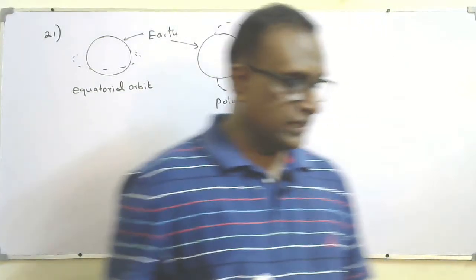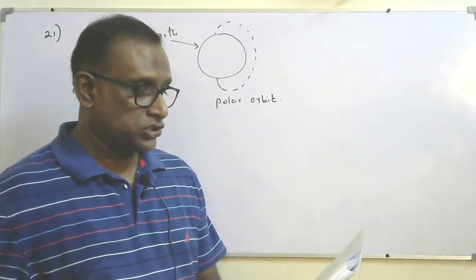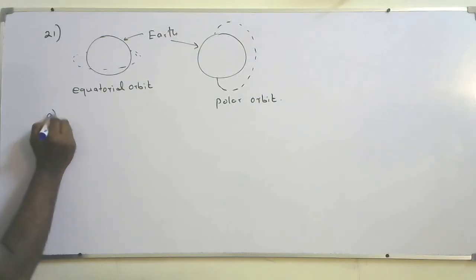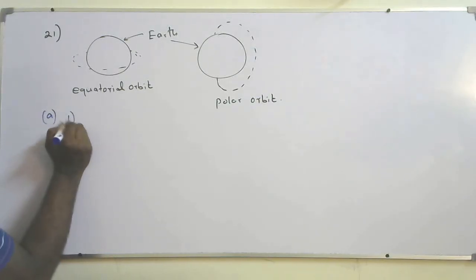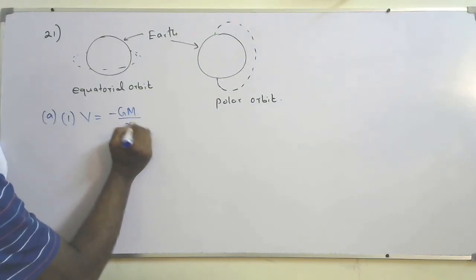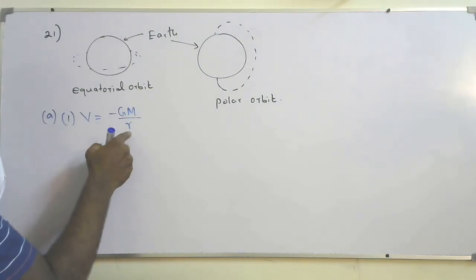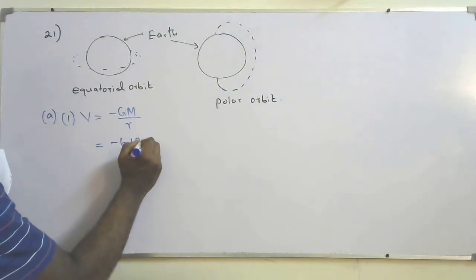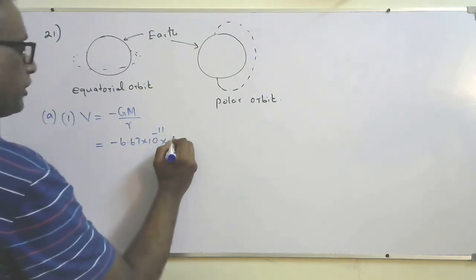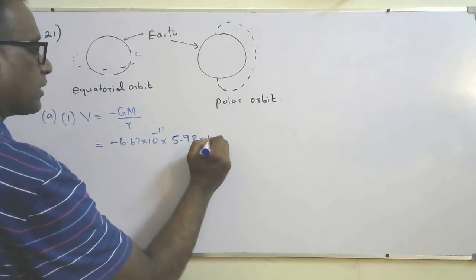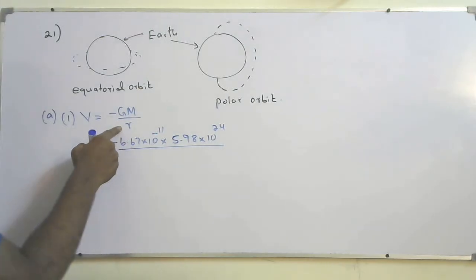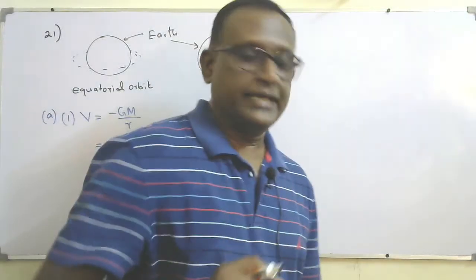Mass of the Earth is given. Radius of the Earth is given. So height is given. So we know the equation for gravitational potential. Question 21, part 1: gravitational potential V equal minus G M over R. So R is the radius of the orbit, minus 6.67 times 10 to the power minus 11, mass of the Earth is given, 5.98 times 10 to the power 24, over R, the radius of the orbit, means height plus radius of the Earth.